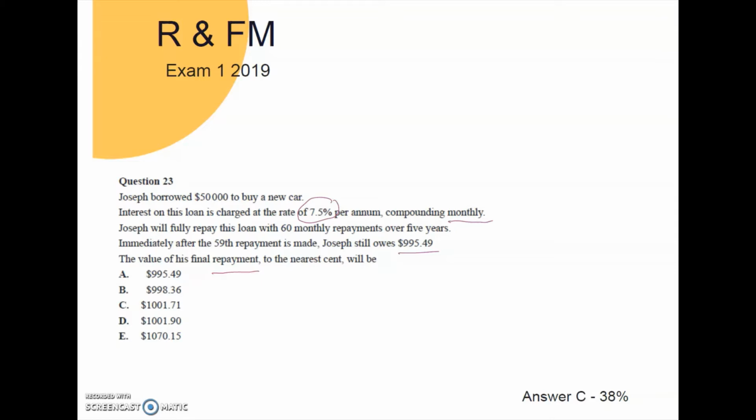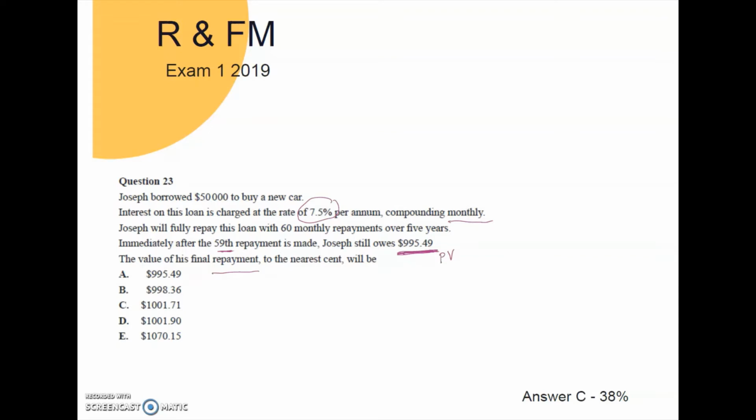Now, in this case, we don't know what his regular monthly repayments are. So we have the option of finding that out and then working through like we normally would to find the value of the final payment. Our other option, though, is because we know how much he owes after that 59th payment, we can use this $995.49 as our principal value.